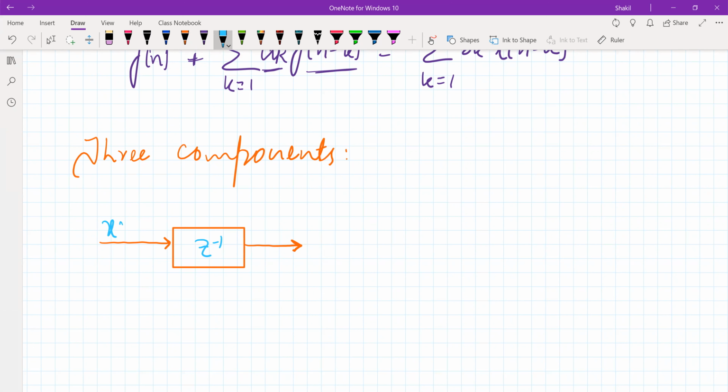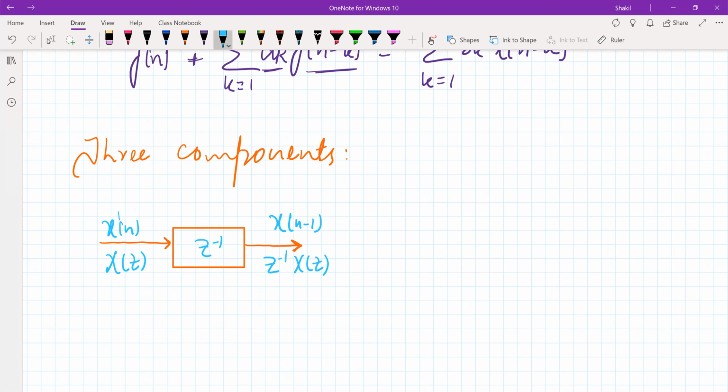If x of n is the input, the output will be x of n minus 1. So this is the delay component. And if x of z is the input in the Z transform, then the output will be Z inverse x of z.